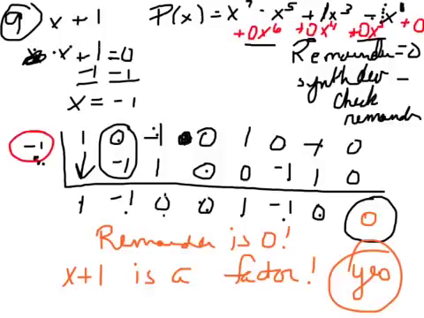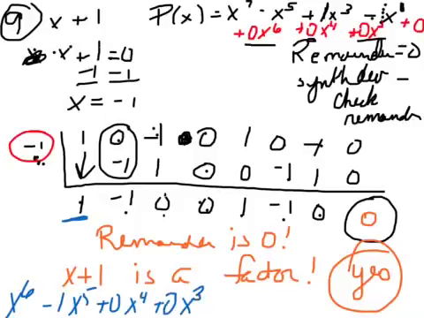It really means that what I've got left is 1x to the 6th minus 1x to the 5th, plus 0x to the 4th plus 0x cubed, and then plus 1x squared minus 1x. And then we could put a 0 on the end, and then we could try another number with synthetic division and keep factoring it that way.